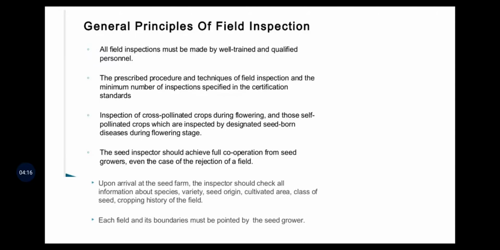That means whenever the officers are visiting that particular field, the field owner or the grower of that variety needs to give full cooperation in fixing the boundaries, along with furnishing all the information required by the officer.